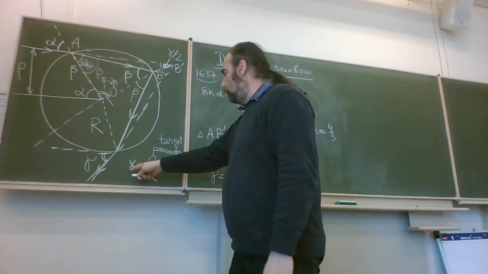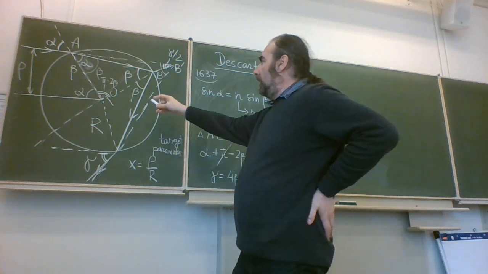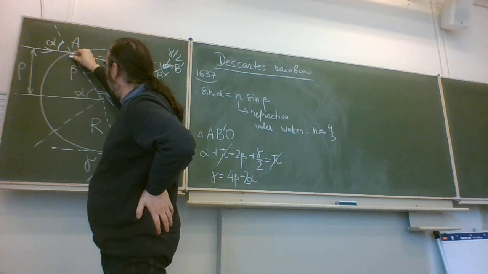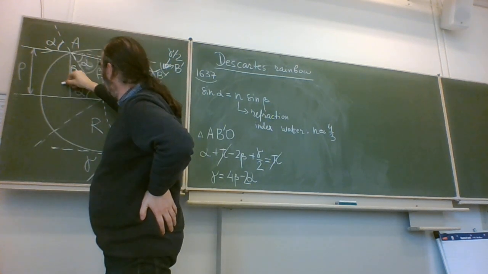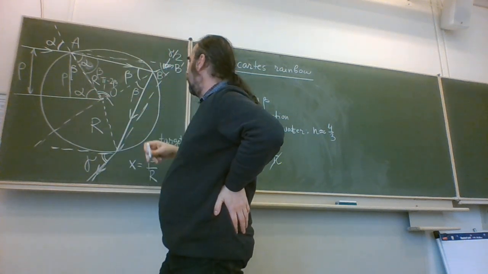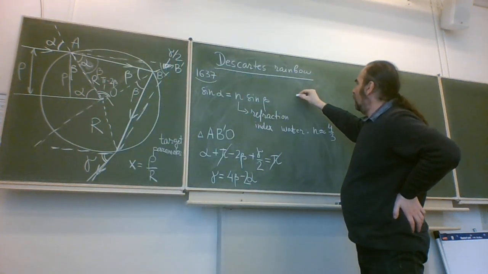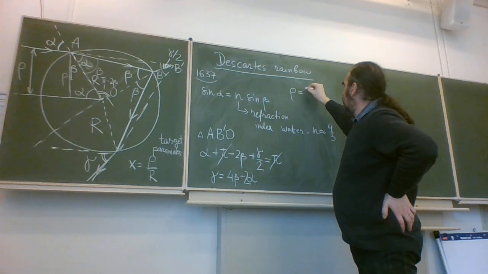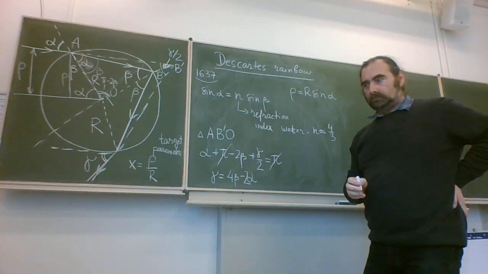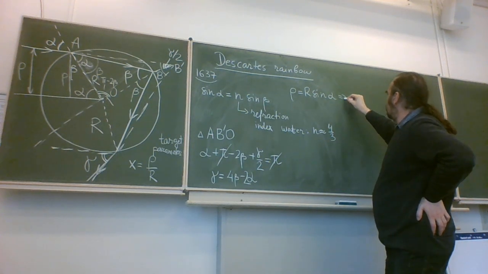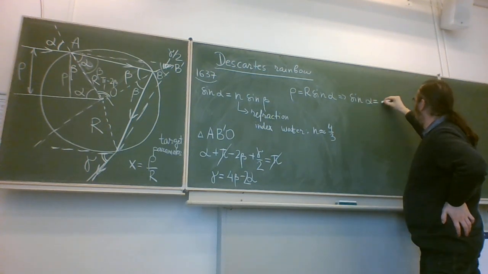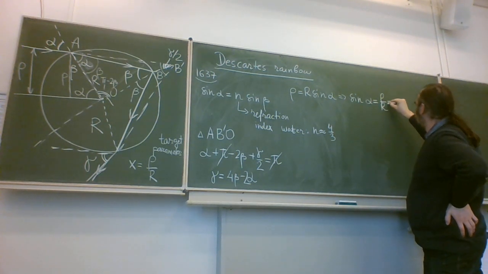Now I also need to relate this to x, and I can easily do that, because if I look here, this is rho, and this is r, and this is alpha, which means I have rho equals r sine alpha, and that means that sine alpha is rho divided by r, which is x.